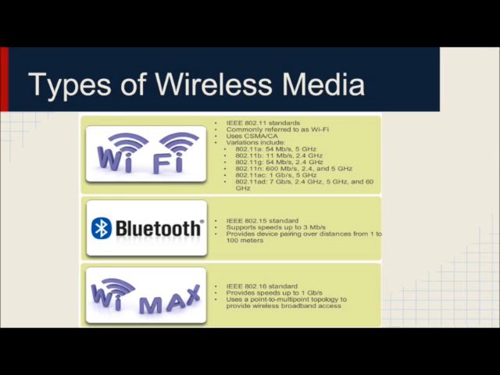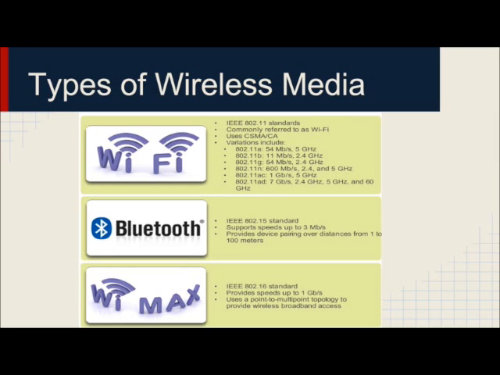Types of wireless media. The IEEE and telecommunication industry standards for wireless data communications cover both the data link and physical layer. Three common data communication standards that apply to wireless media are: Standard IEEE 802.11, Wireless LAN, commonly referred to as Wi-Fi.